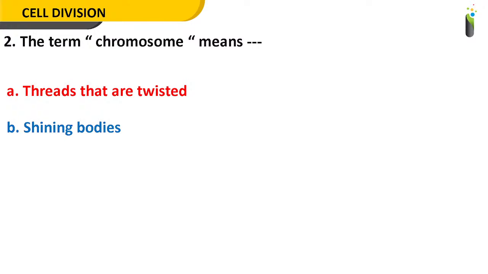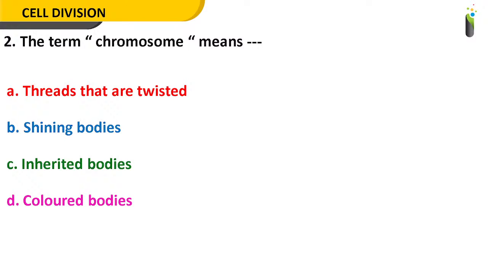Coming to the next question, number two. The term chromosome means dash. A. The threads that are twisted. B. Shining bodies. C. Inherited bodies. D. Colored bodies.